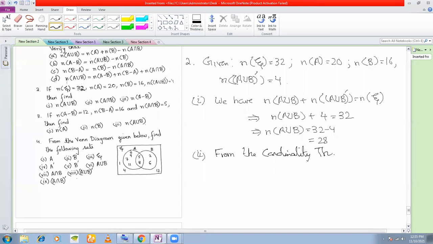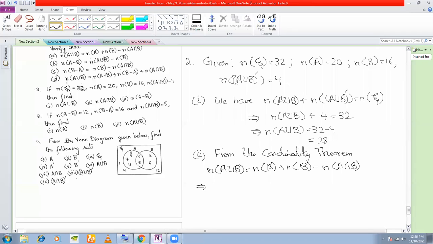Remember, if cardinality of A union B is given and cardinality of A and cardinality of B are given, then you can easily find out the cardinality of A intersection B, or the other way around also. What does the cardinality theorem state? Cardinality of A union B is equal to cardinality of A plus cardinality B minus cardinality A intersection B. Now see, all these are given to you. You have to find out the cardinality of A intersection B.